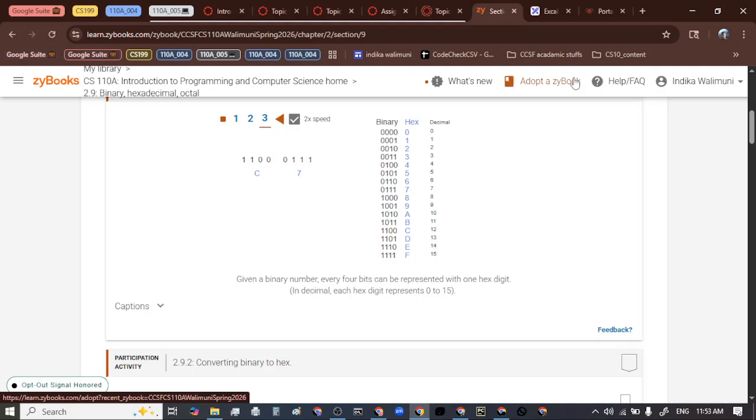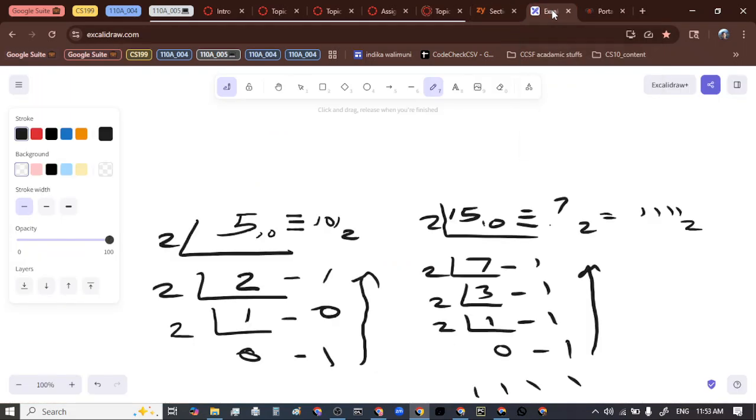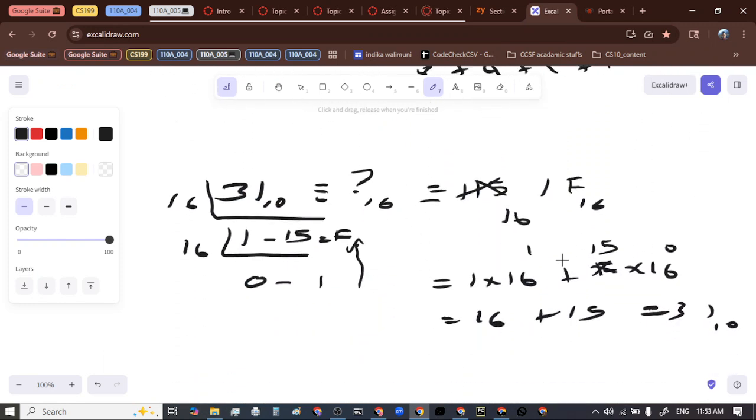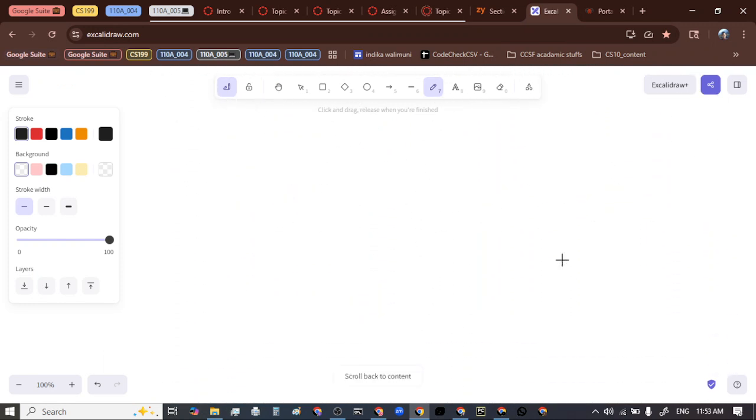Okay, now we can actually try octal as well, real quick. Let's take the number 8 in decimal, which is 10 in base 10, and we want it in base 8.